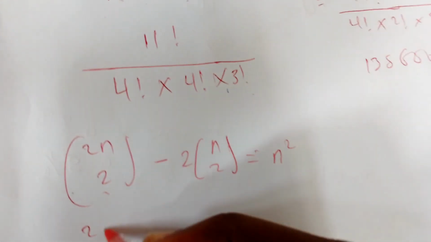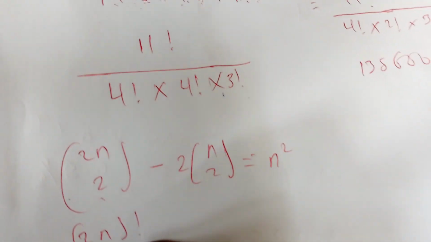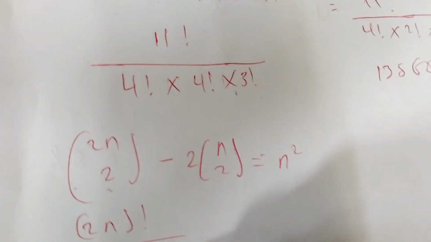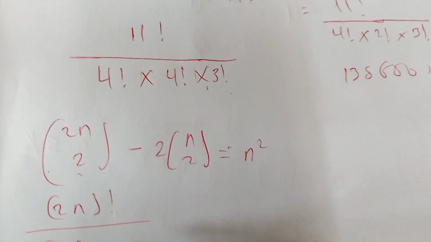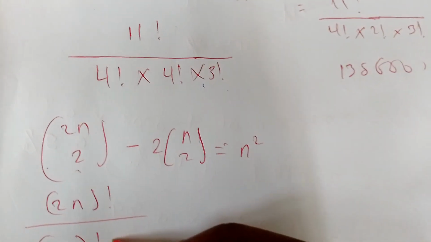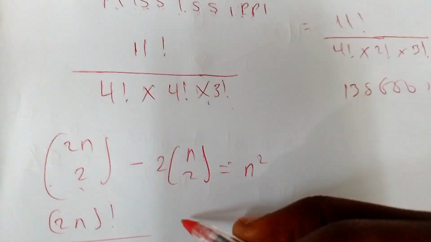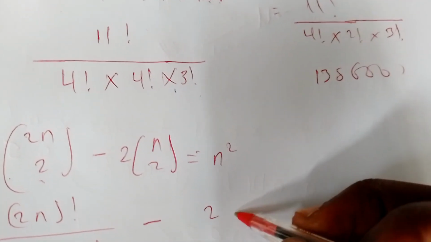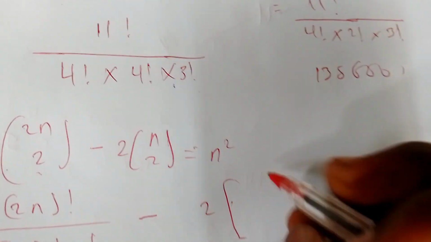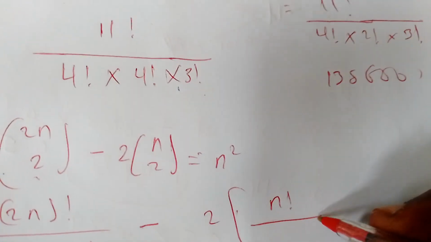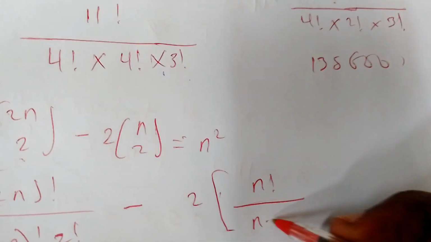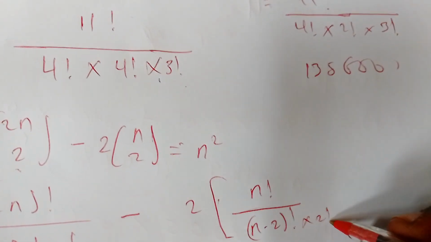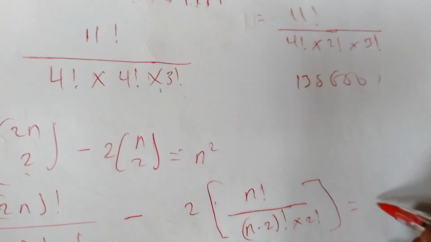Then we say 2n factorial over (2n minus 2) factorial times 2 factorial, minus 2 times, so just be careful to not put the 2 inside anything, n factorial over (n minus 2) factorial times 2 factorial, all is equal to n squared.